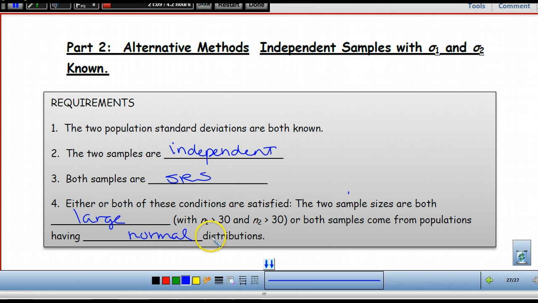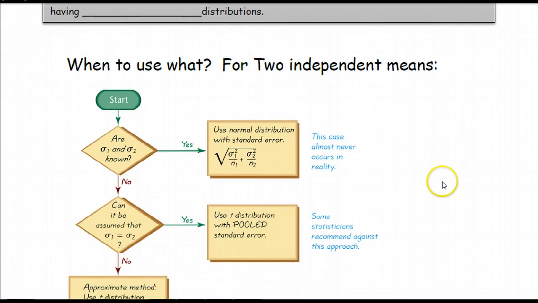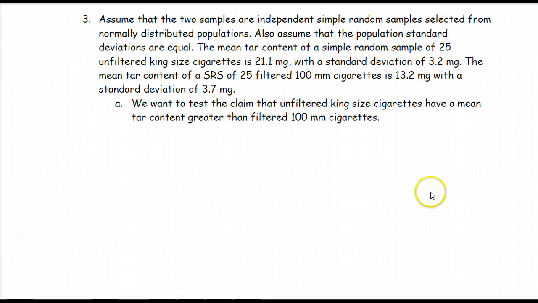So these are still holding. The only difference is whether I know that their standard deviations are known and/or equal, or if I don't. And if I do know that they're equal, then we're going to be pooling. But we never assume that.